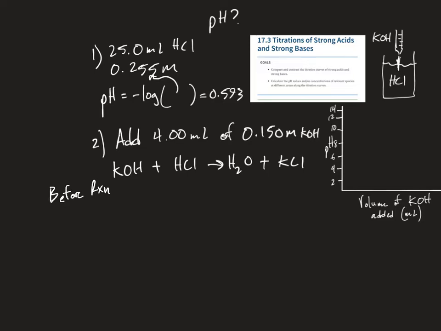As KOH, we're adding 4 milliliters times its molarity, 0.150 molar, and that's going to give me millimoles.